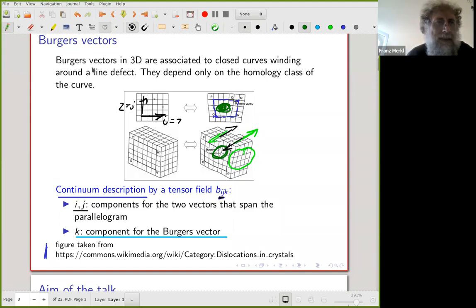So as you can see in this picture, you can have localized defects with Burgers vectors in two dimensions, but you cannot have localized ones in three dimensions.